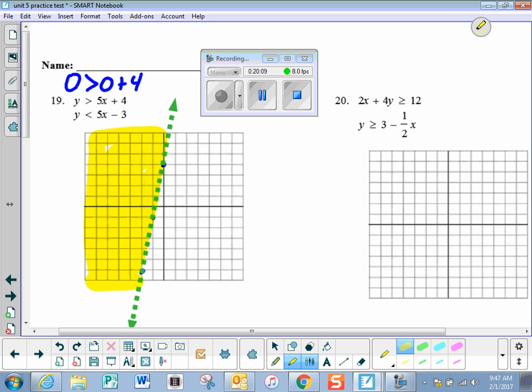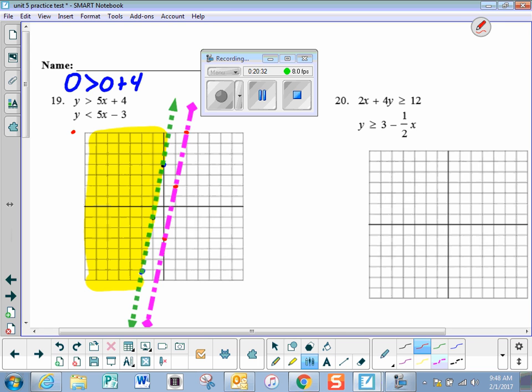Okay? Now this is really interesting. Someone said, Mr. Hildahl, these are parallel. What do I do? Well, let's just do what we were trained to do. Graph the slope and the y-intercept. 1, 2. Okay, graph the line. And then does 0, 0 work?